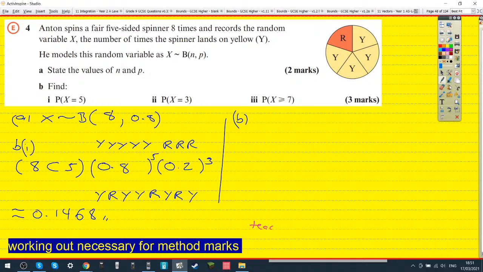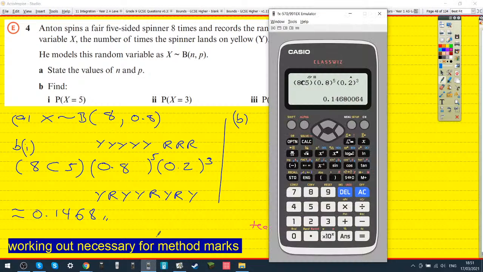And that decimal, what is it actually? The probability of that happening? Probability of 5 yellows out of 8 spins. And so for that, there's like 8 combinations of 5 different yellows. It just seems like very little probability of getting 5 yellows.